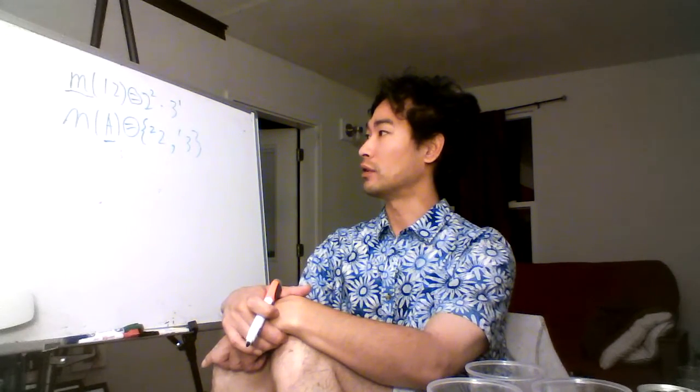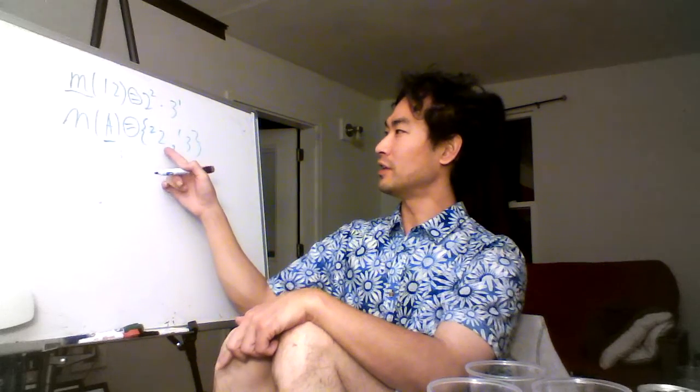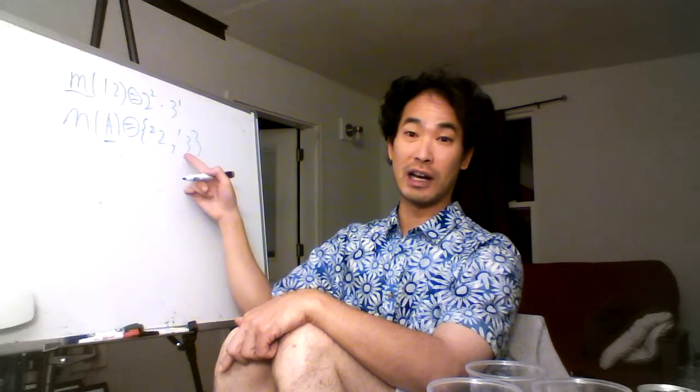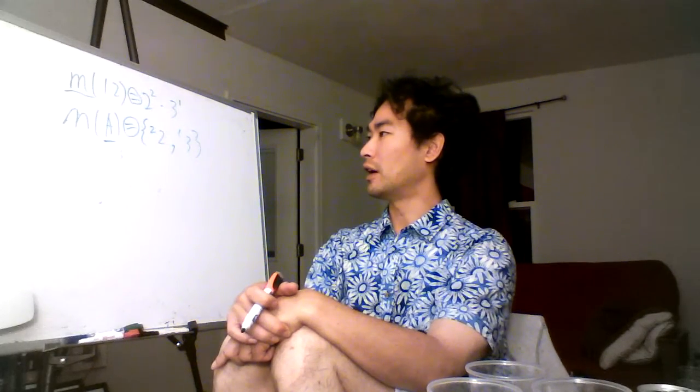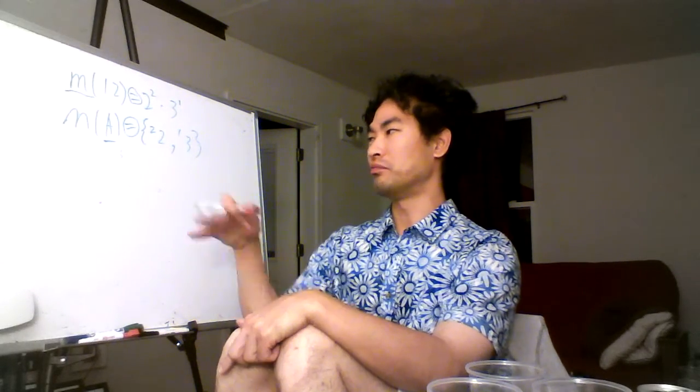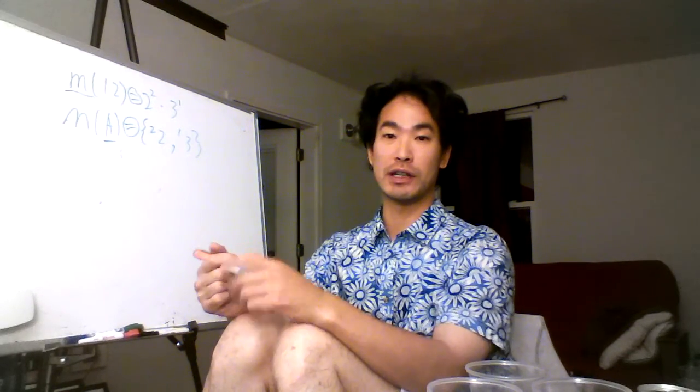So it's the lexicographical ordering, and by definition, it doesn't have to be prime numbers. These elements could be 4, could be 9, but we don't deal with that. We are only interested in prime numbers. Why? Because we are dealing with prime factorization. But FYI, it's a more generic concept.